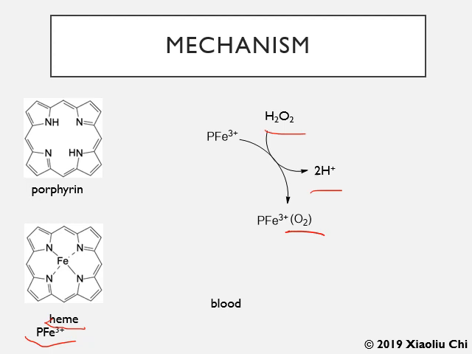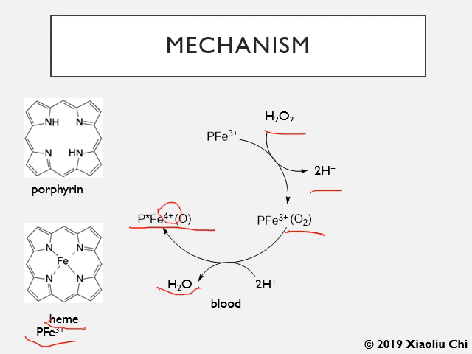Next, the oxygen-oxygen bond breaks, and one oxygen gains an electron and combines with protons to form water, while the other oxygen forms an oxygen atom, which combines with heme to form an organic radical, where the molecule has an unpaired electron. In this radical, iron is oxidized to iron 4+.